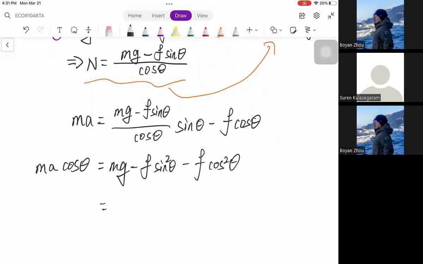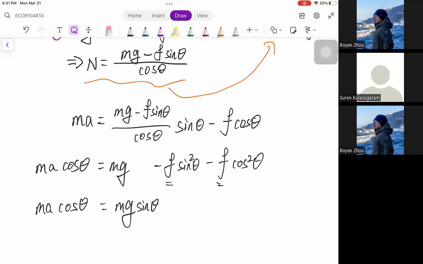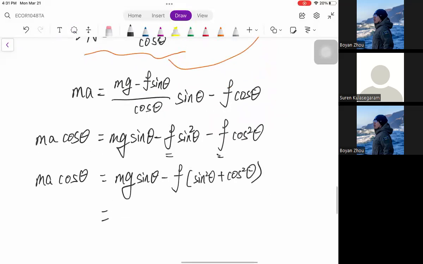And we're going to isolate for f, and a cosine theta will be equal to g, I'm actually missing a sine theta here, sine squared theta plus cosine squared theta.